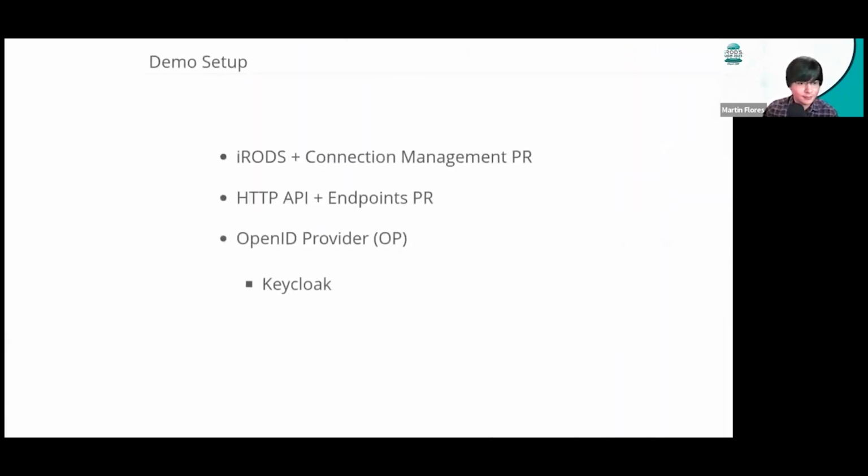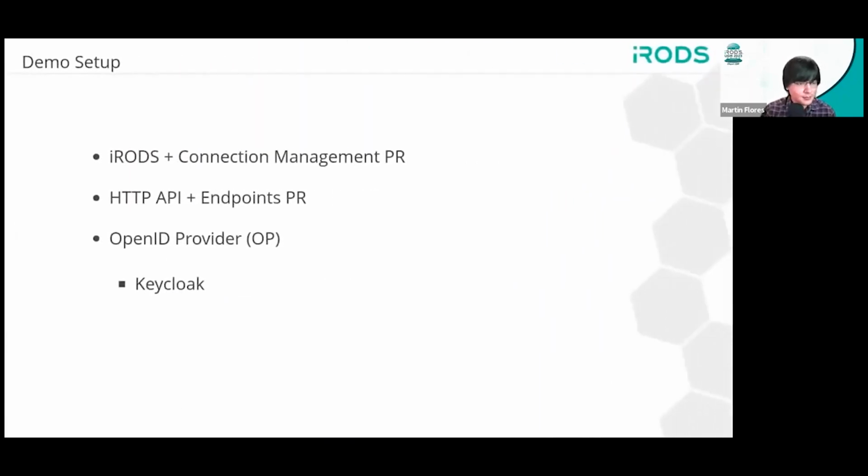Okay. So for the setup, we are using a specific build of iRODS that has an additional PR to effectively have some additional connection management, some general improvements like that. Additionally, we have the HTTP API with endpoints PR.